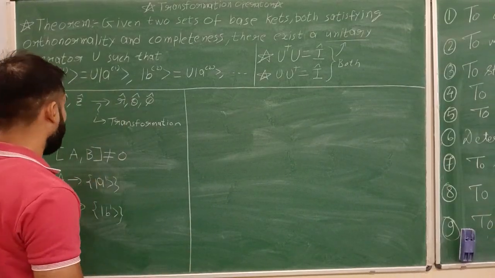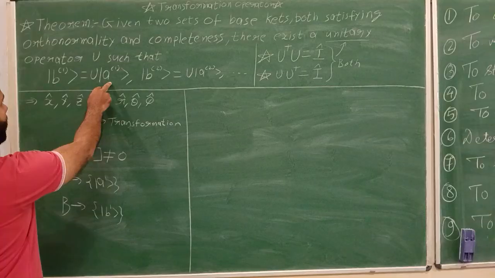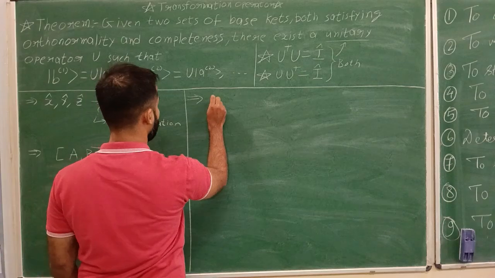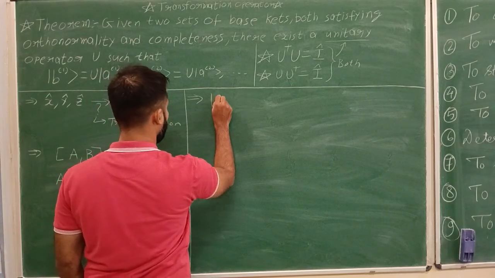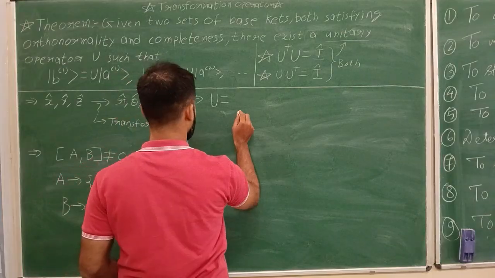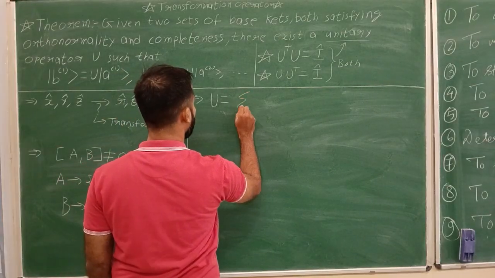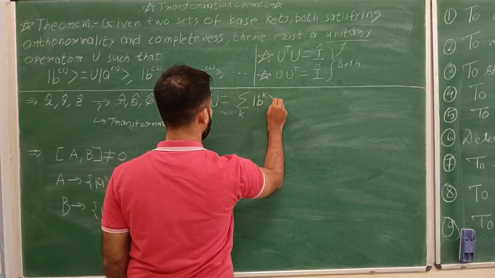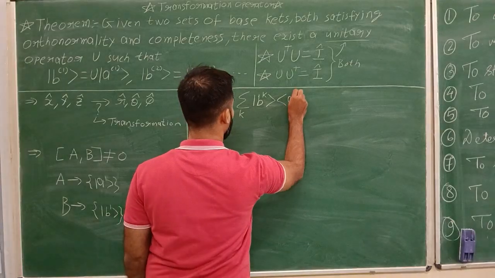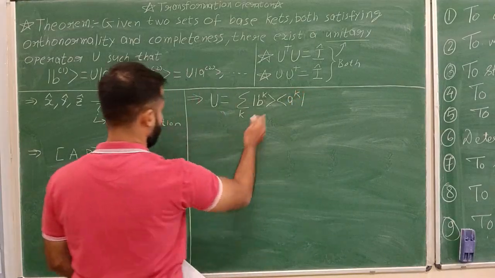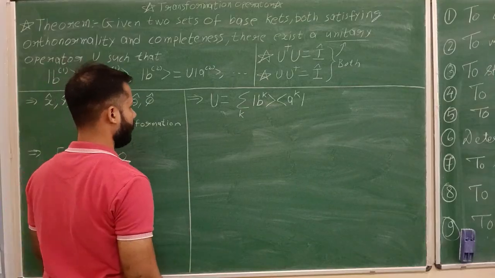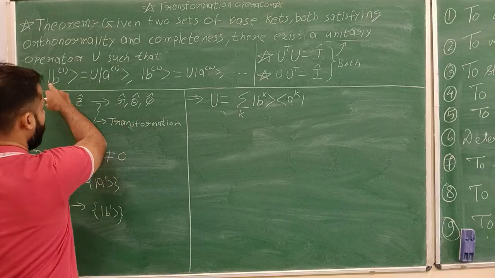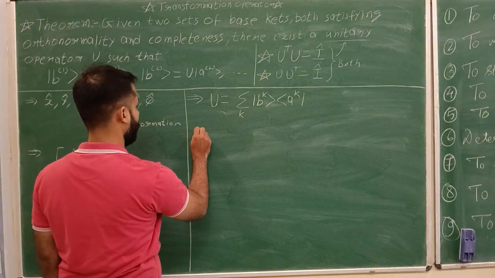So the U will take me from A to B. So what does my hunch tell me? Let's say what can be the structure of this? Let's say it looks like this. This is an outer product. So my demand is this, that if I apply U on some A, I should get B. So let's try to see.